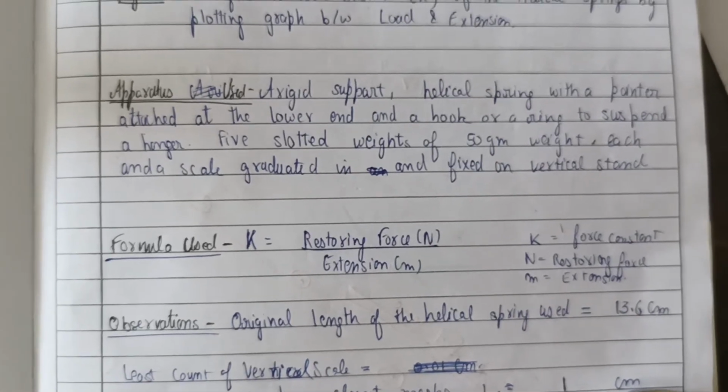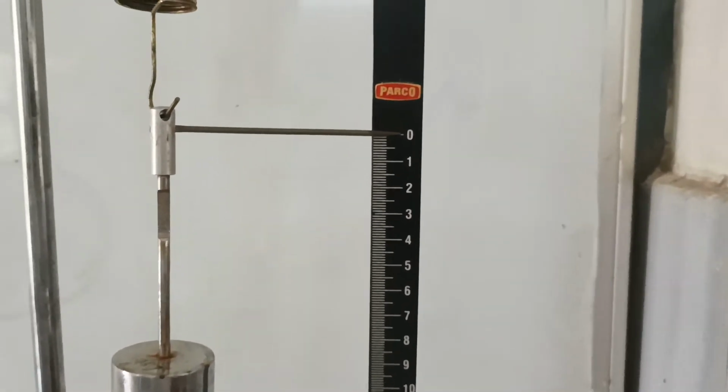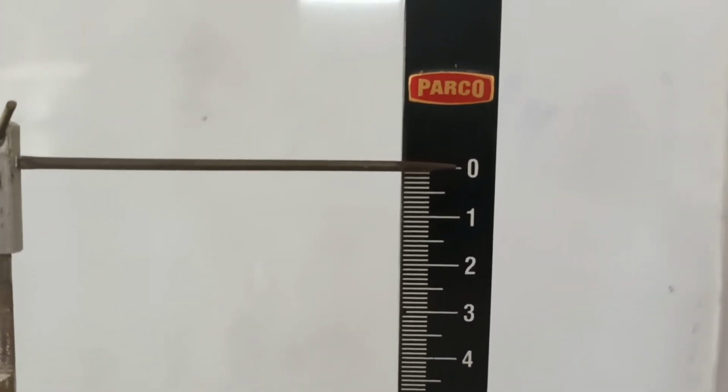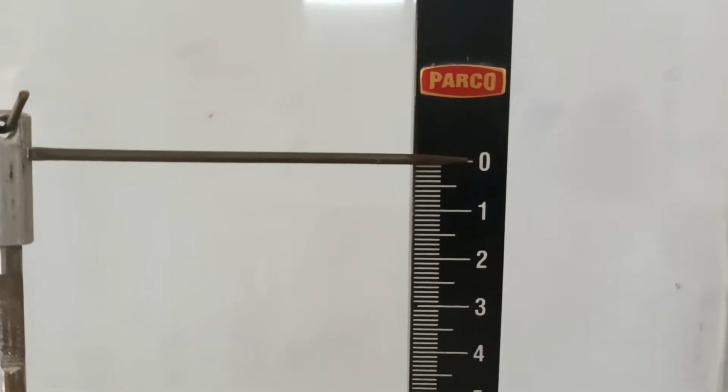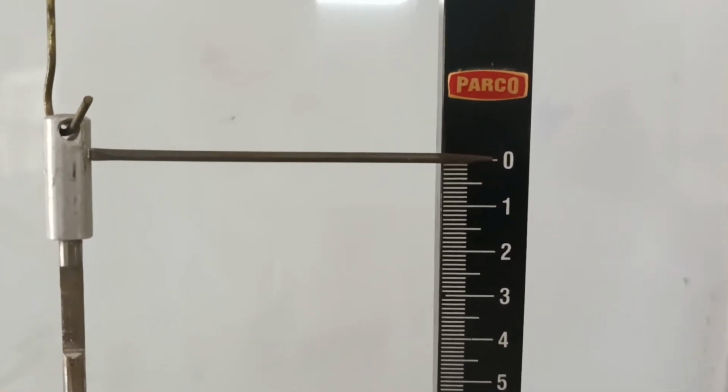Now here the apparatus is set. You can see here that the pointer is giving you a 0 reading, that is 0.0 in centimeter, and this reading is recorded over here.